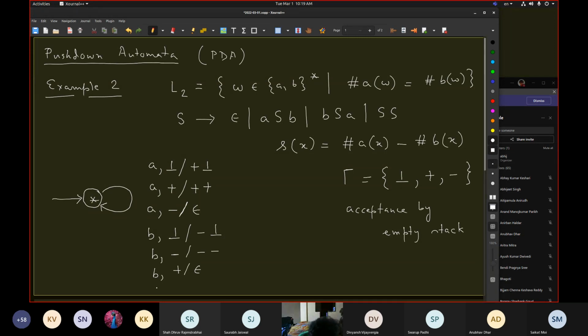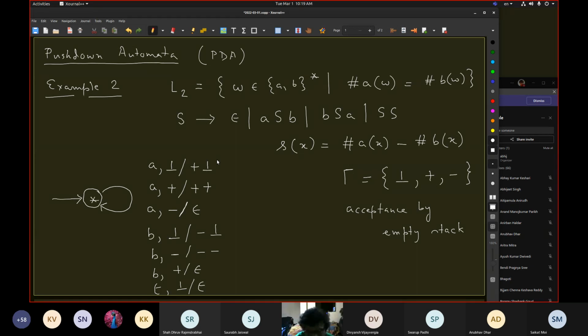So in the end, the machine will make a final epsilon transition to clear its stack. So, do you agree with this design? Yes, sir.